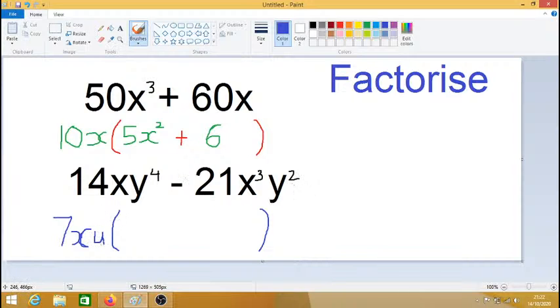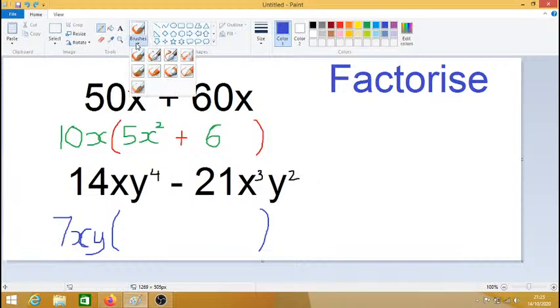Now be careful on the y. Y as a common factor can make y to the power 4 because I just times it by y cubed. Similarly, it can make y squared because I just times it by another y. But the idea is always to get as much as you can at the front pulled out so that it's the highest factor possible.